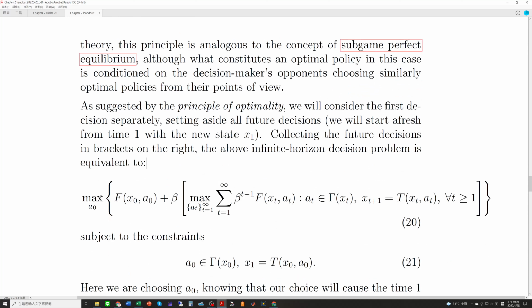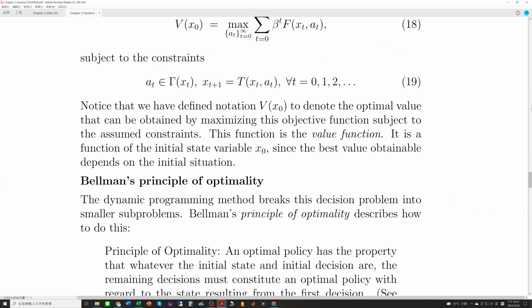Okay, so maximum over A0, okay, over all possible A0, where A0 is the action taken at time 0, and f of x0, A0. Okay, do you remember what is the function f? Okay, let us review it.